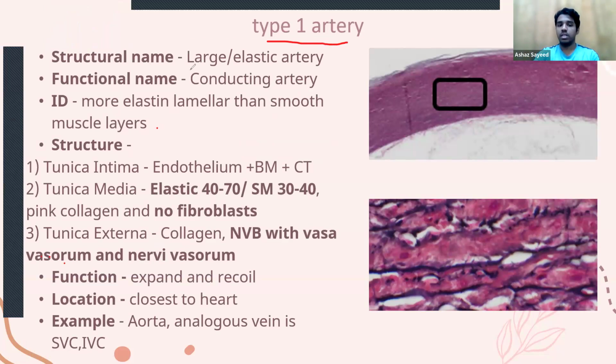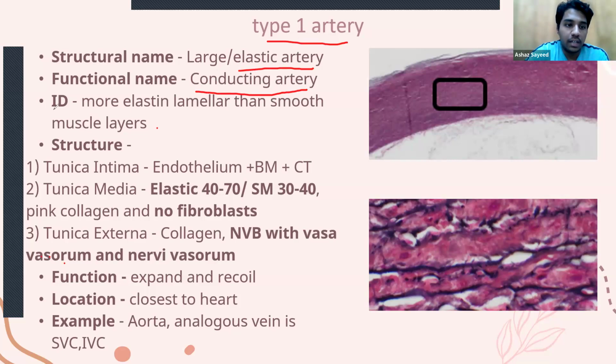The structural name is an elastic artery because they're pretty elastic, and the functional name is the conducting artery. Remember these names because they might ask questions using these alternate names. They won't mention type 1 artery or just elastic artery. They might ask you something related to a conducting artery, and you should know what a conducting artery is.